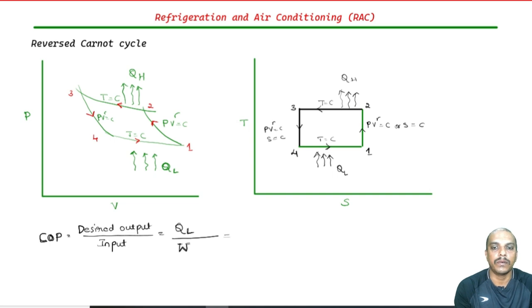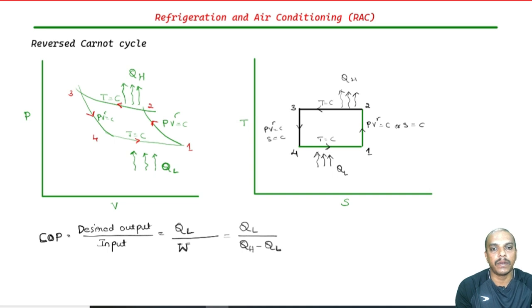Okay. Now, this can be further simplified from the first law of thermodynamics. You know that work can be rewritten as heat supplied minus heat rejected. So, this can be rewritten as COP = QL divided by (QH minus QL).